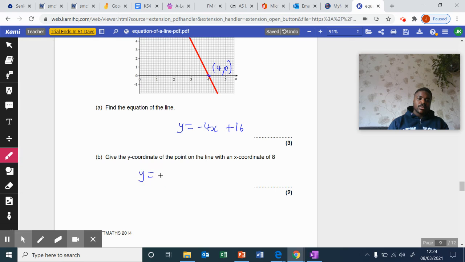So we have y equals minus 4 multiplied by 8 plus 16. And that gives us y equals minus 32 plus 16. So that's y equals minus 16. So the y coordinate is minus 16 when the x coordinate is 8.